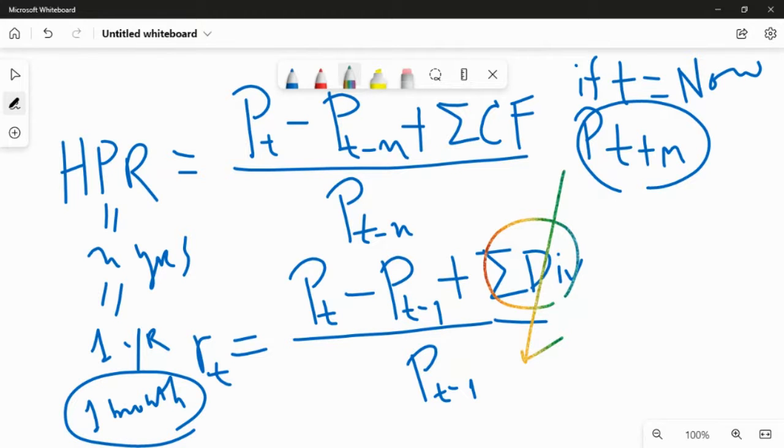So there is a particular month that the dividend is paid out of the 3 months in a quarter, right? In 1 month you have dividend, but the other 2 months you don't have any dividend, right? So for a monthly return, this is going to be difficult because this is not general.